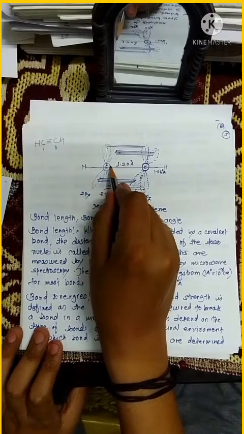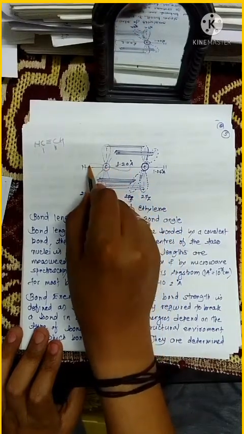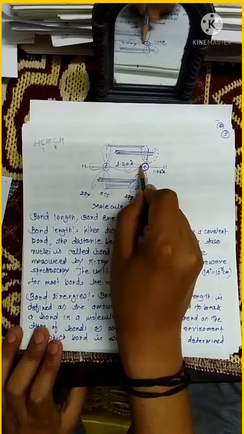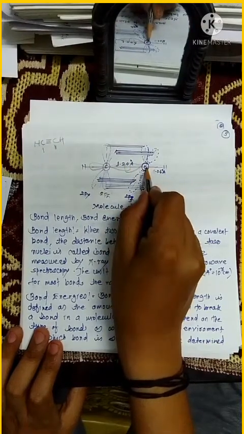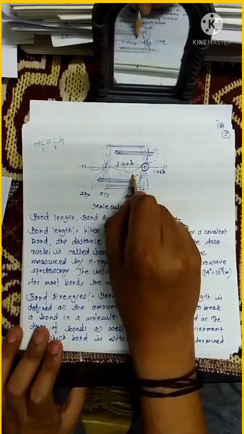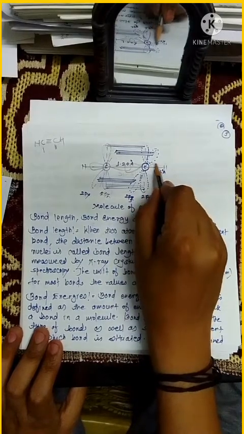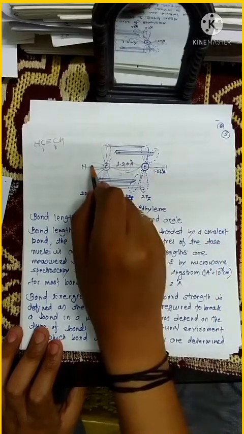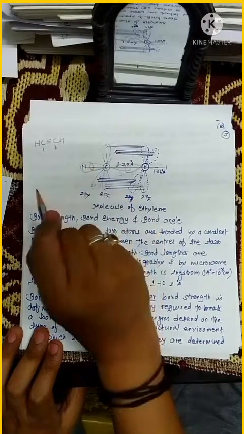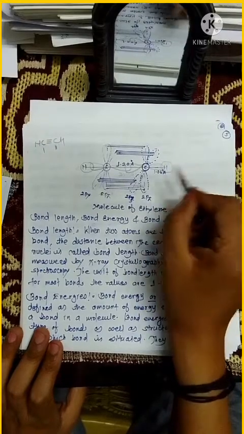So one of the hybrid orbitals overlaps with the other hybrid orbital of the other carbon and forms an sp-sp overlap, which forms a sigma bond. The remaining hybrid orbital overlaps with the 1s orbital of hydrogen and forms a sigma bond.